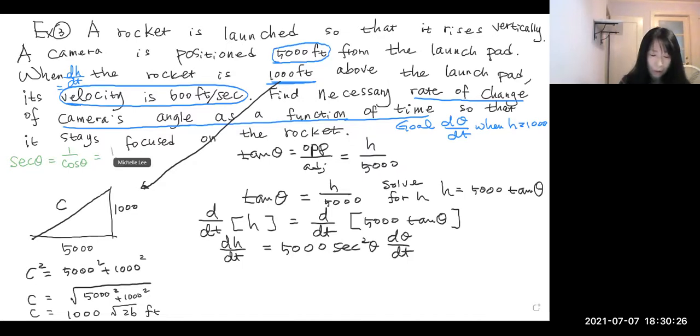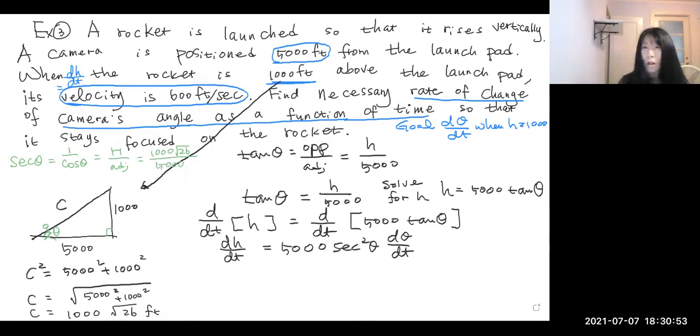So it will be hypotenuse over adjacent. So if we have angle theta there, hypotenuse will be C, which is 1,000 square root of 26 over adjacent, which is 5,000, right?